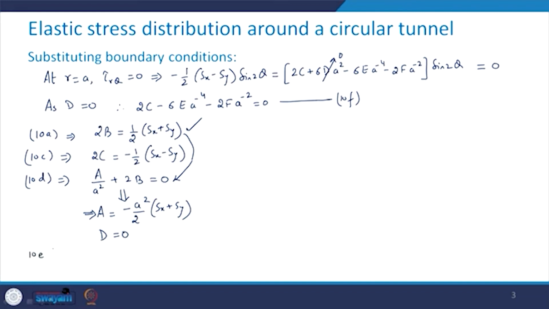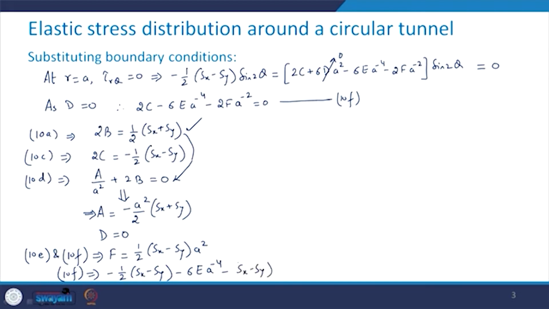Now, this 10e and 10f combined will give me F equal to half Sx minus Sy into a square, and 10f will be minus half Sx minus Sy minus 6e a to the power minus 4 minus Sx minus Sy equal to 0, and from here I will be able to get E as 1 upon 4 with a negative sign into Sx minus Sy a to the power 4.